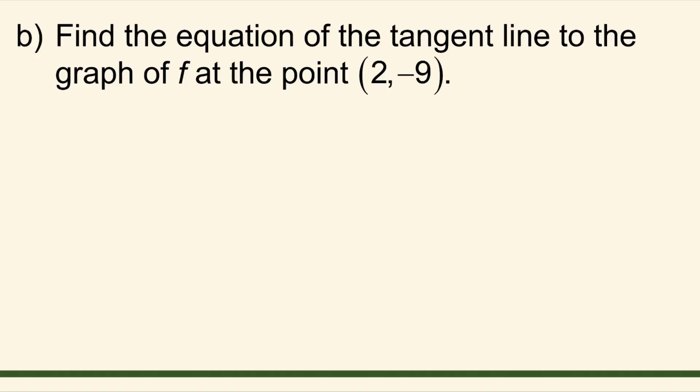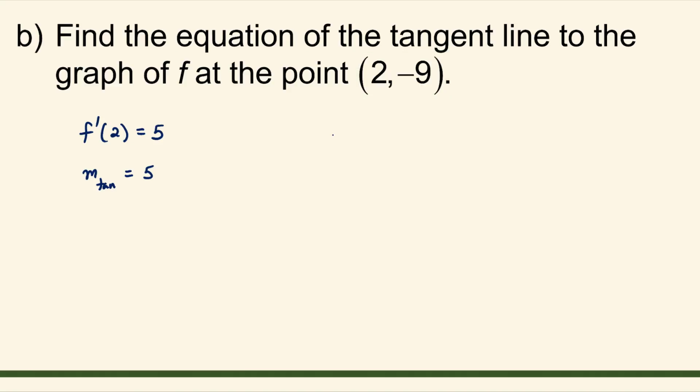Part B, find the equation of the tangent line to the graph of f at the point 2, negative 9. In the previous part, we just determined that f prime of 2 was equal to 5. Therefore, at x equals 2, the slope of the tangent line will equal 5. Therefore, using a slope of 5 and the given point of 2, negative 9, we can now find the equation of the tangent line.